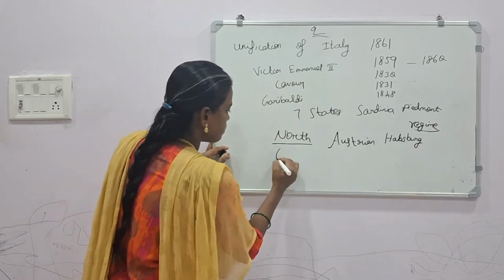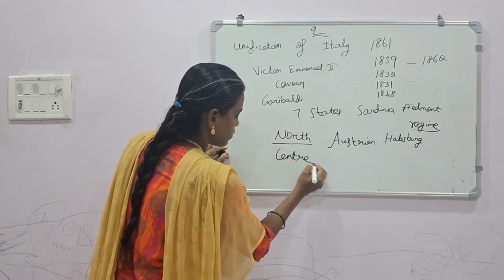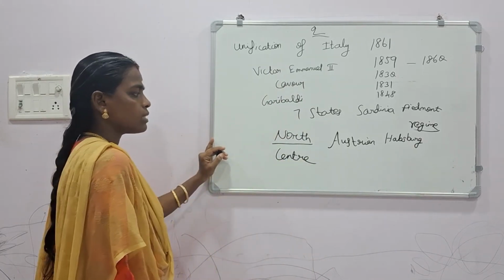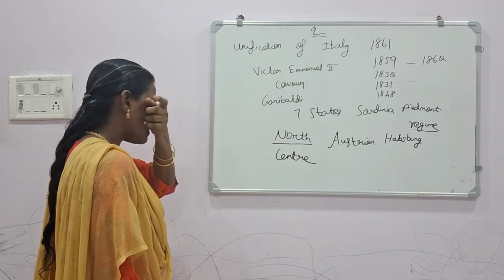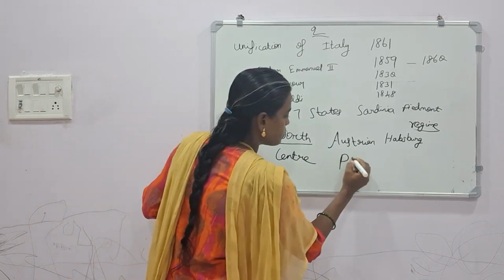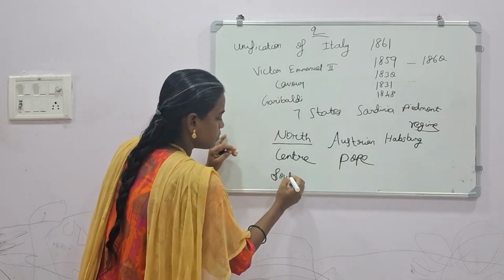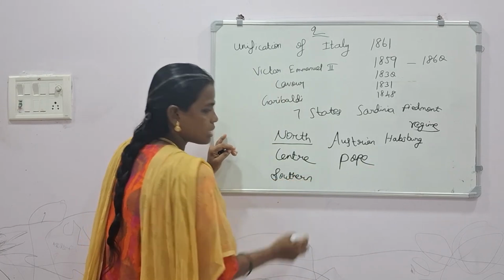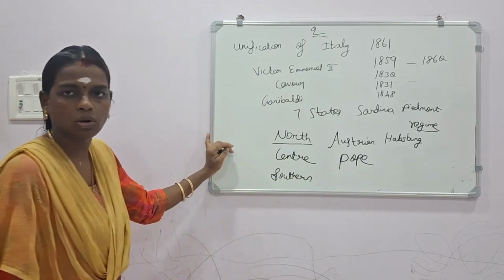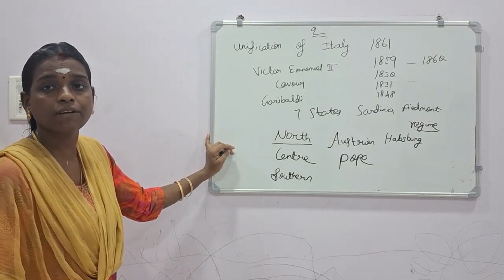Second, Center. Center was under the control of the Pope. Next, Southern region. Southern region was under the control of the Bourbon dynasty of Spain.